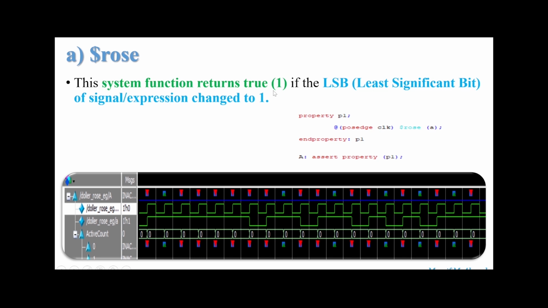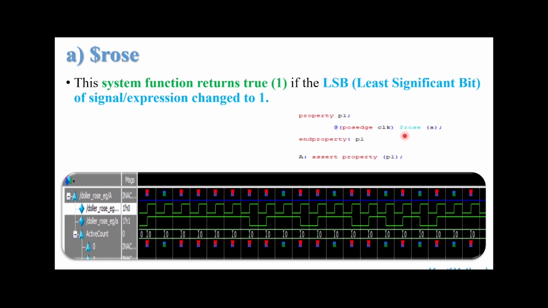And this is the sample code for $rose: property p1 at the posedge of the clock, meaning at every posedge of the clock, we are checking the value of this variable a.